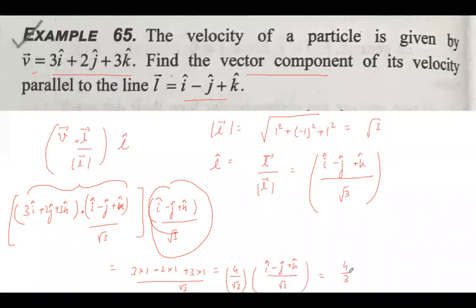So this is 4 by 3 i minus 4 by 3 j plus 4 by 3 k.